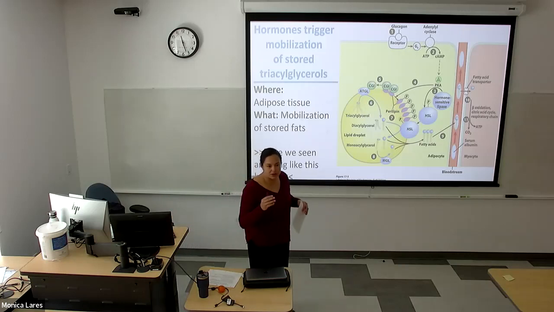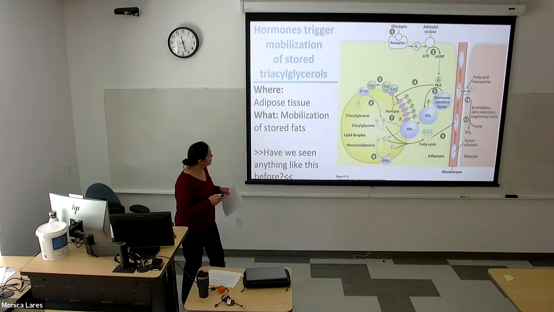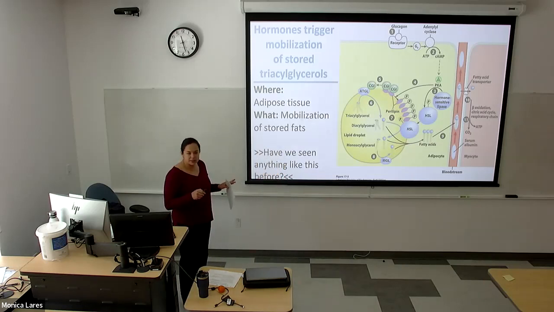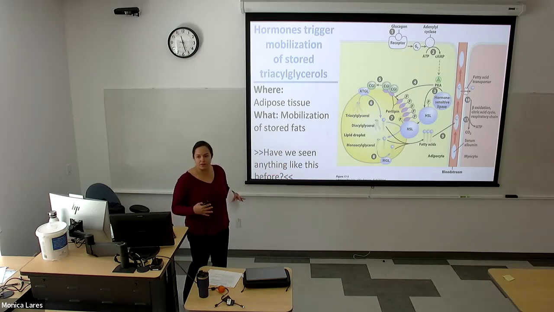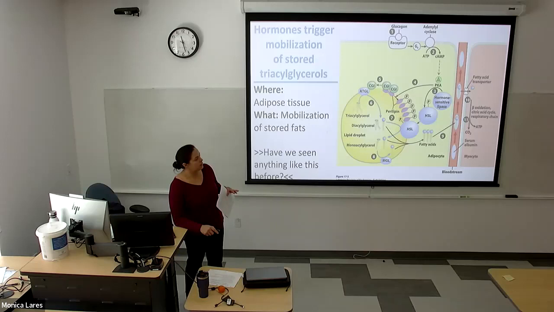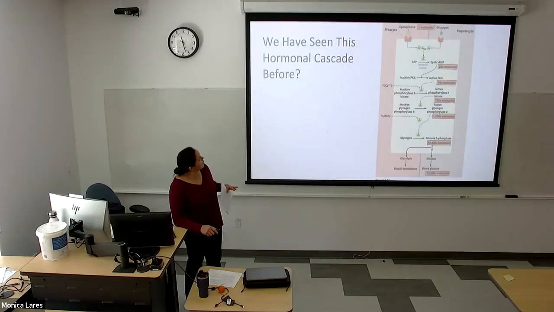There's a method for glycerol to feed into glycolysis as well. All right. Questions on this one? This is mobilization of our fat storage, the fat stored in our adipose tissue. Yeah, we have seen this hormonal cascade before.